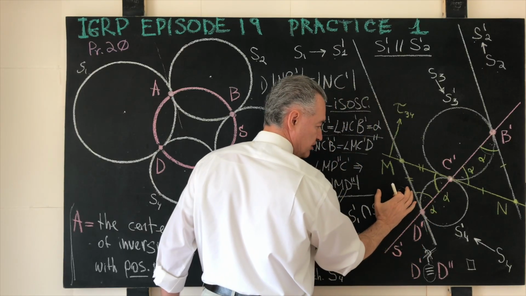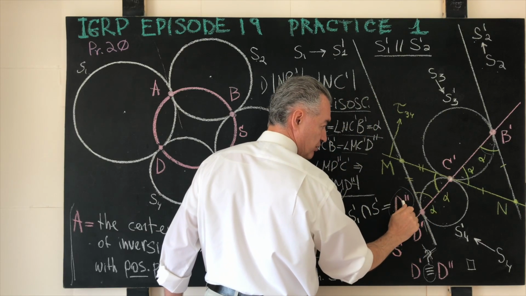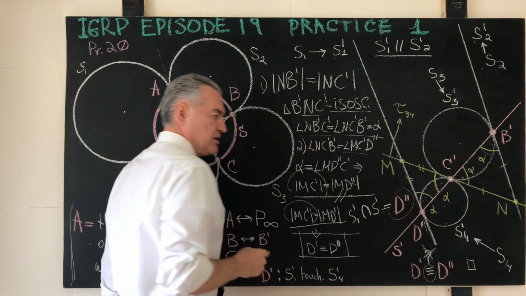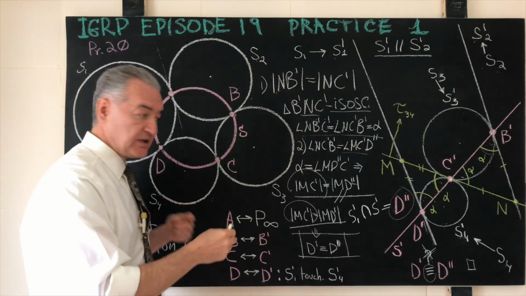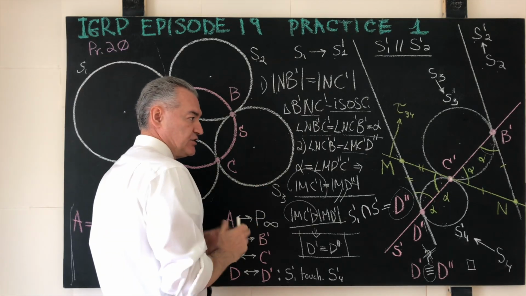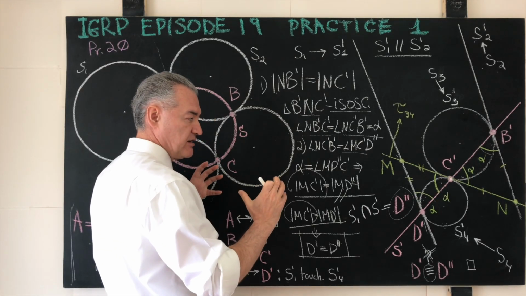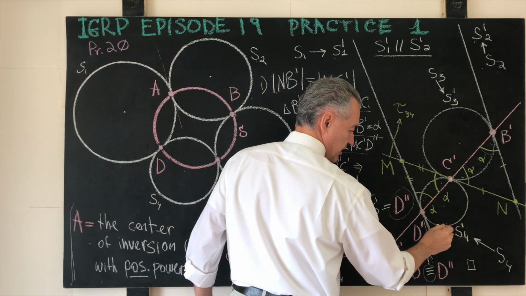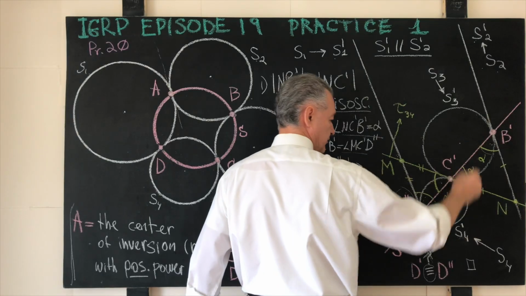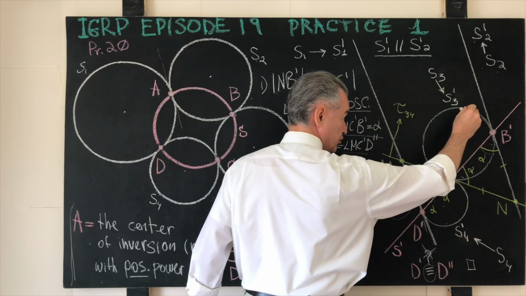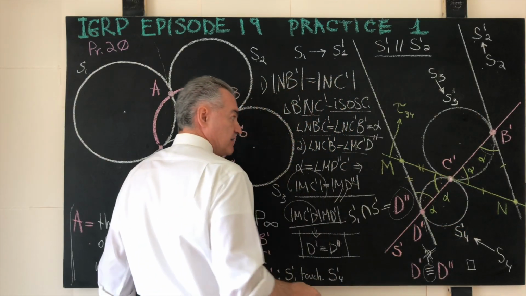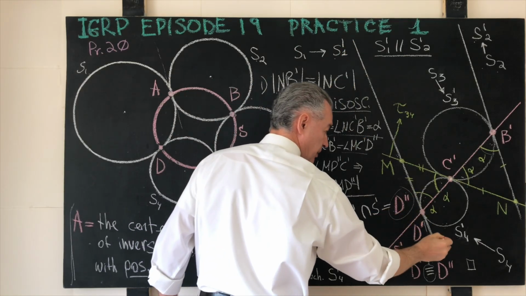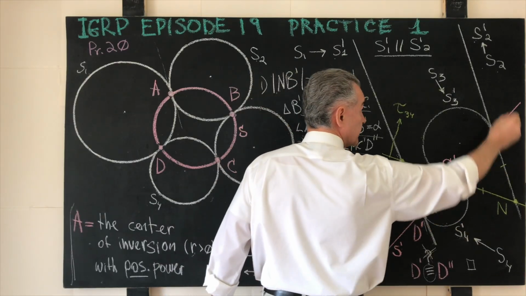But this time we don't even need to deal with the point D double prime. Under this homothety, the point B prime is taken into the point D prime, and conversely, if our plane is uniformly expanded and then flipped around so as to take the circle S prime 4 into the circle S prime 3, then the straight line S prime 1 will be taken into a straight line that is parallel to it, the straight line S prime 2.